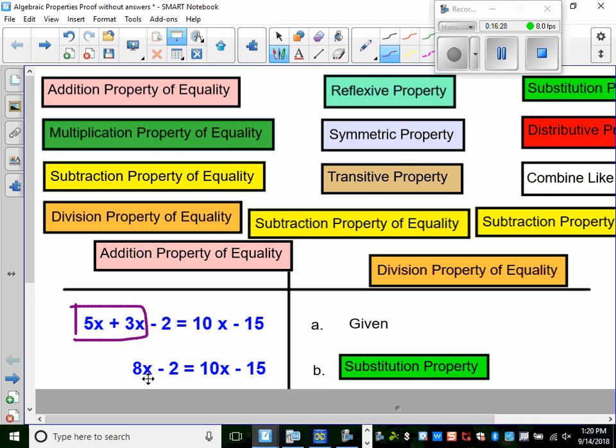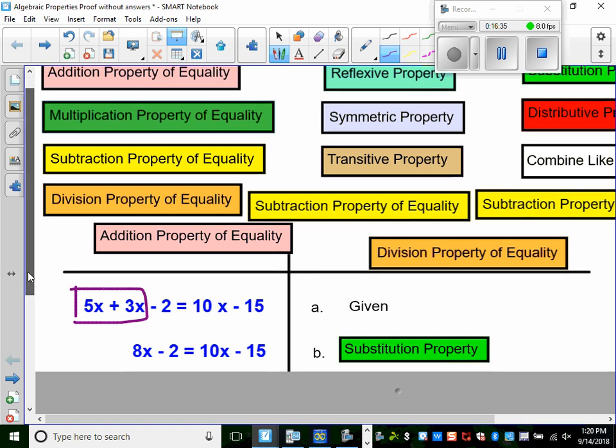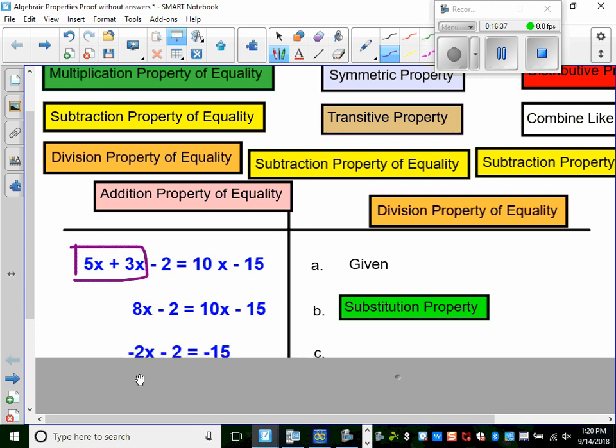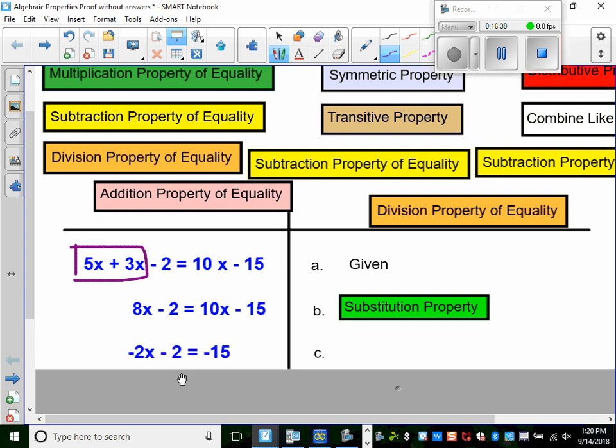So the next thing we need to do is get all our variables to one side and all our constants to one side. So first I'm going to let you see what the step says next, so you will know what they did. So how did this become a -2? Raise your hand and let me know. Yes. Very good. Okay, so when you do that, subtracting from both sides of the equal sign, what property is that called?